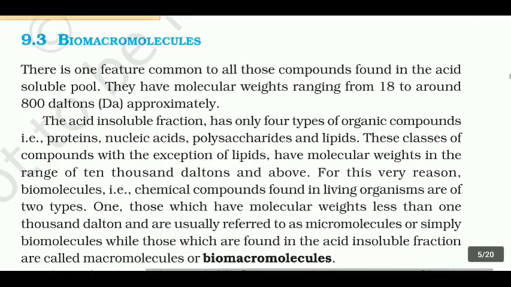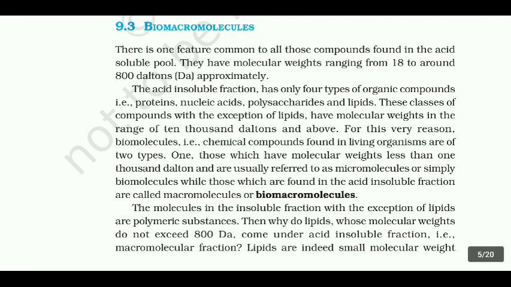9.3 Biomacromolecules. There is one feature common to all those compounds found in the acid-soluble pool. They have molecular weights ranging from 18 to around 800 daltons approximately. The acid-insoluble fraction has only 4 types of organic compounds, that is proteins, nucleic acids, polysaccharides, and lipids.